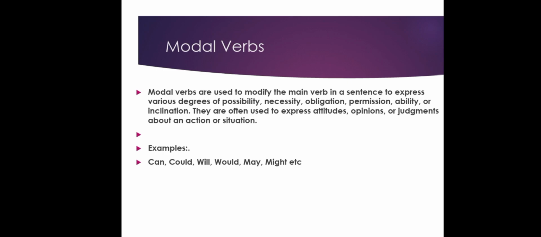Here are some examples: can, could, will, would, may, might, etc. So, modal verbs are those which are used to modify the main verb. They show some possibility, necessity, obligation, permission, and same things like these.